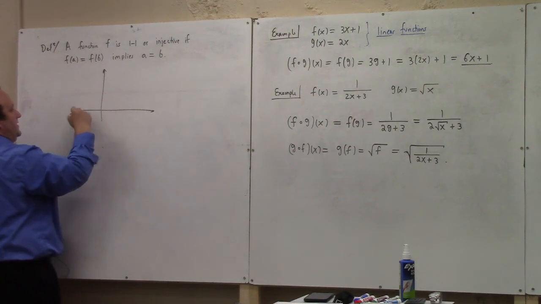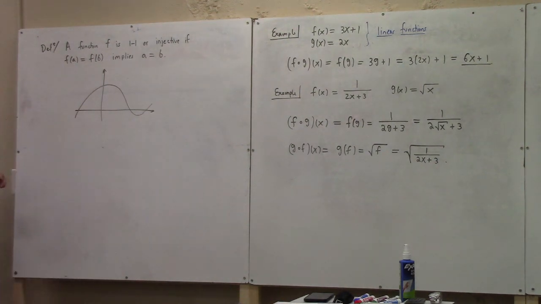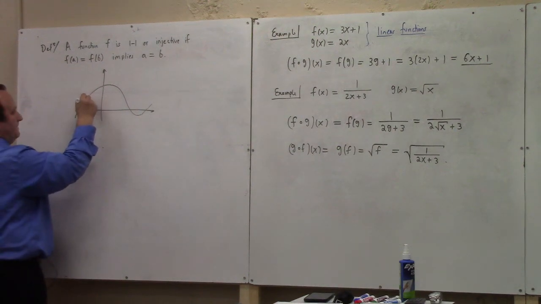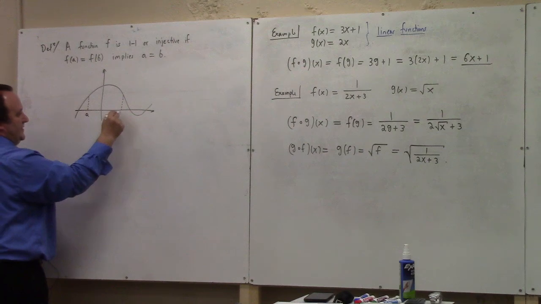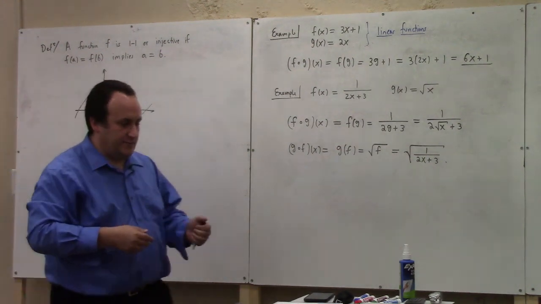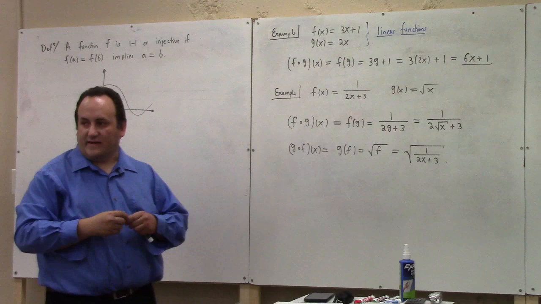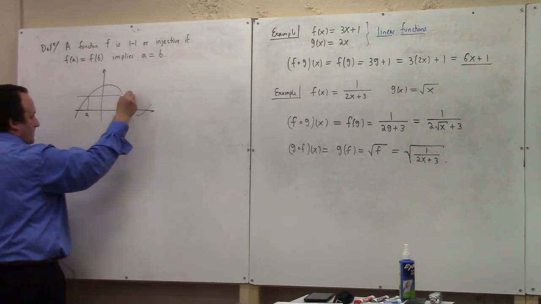right, and the graph looks like this. If you think about, say, this point and this point, if that's my A and that's my B, if your graph looks like this, and you drew a horizontal line through the graph, the horizontal line would intersect the graph at 2 points, right? See that?